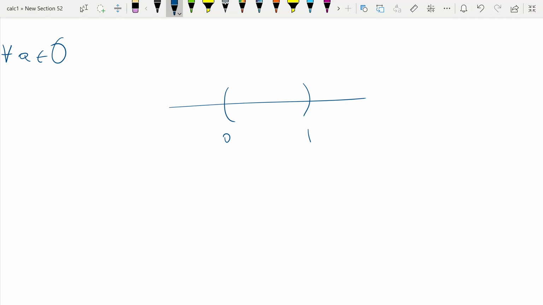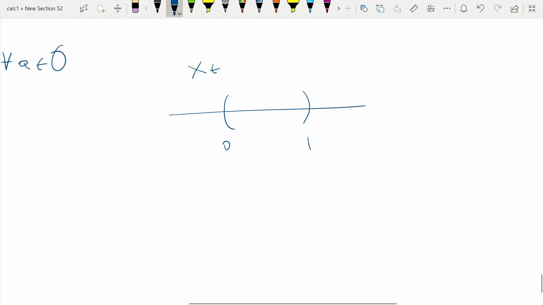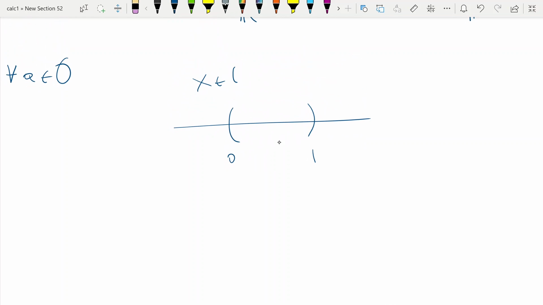If a point belongs to the open interval (0, 1), no matter how close to 0 or 1 that point is, you can always find a number that is smaller than x and bigger than 0. That should not be a mystery, because that's the Archimedean property again.